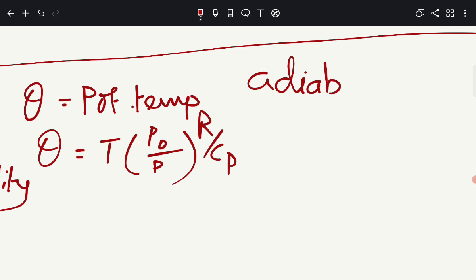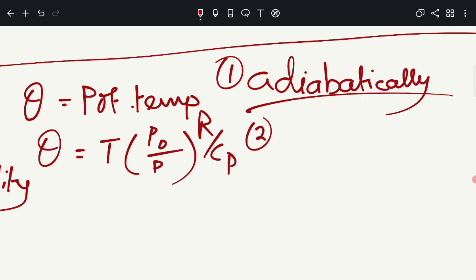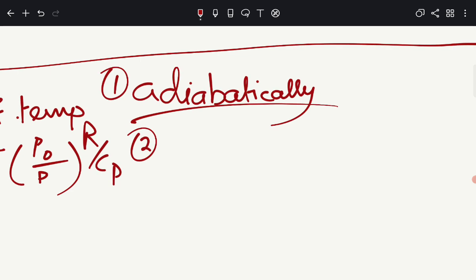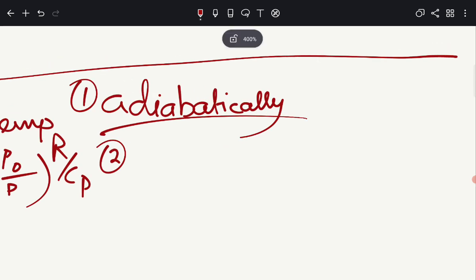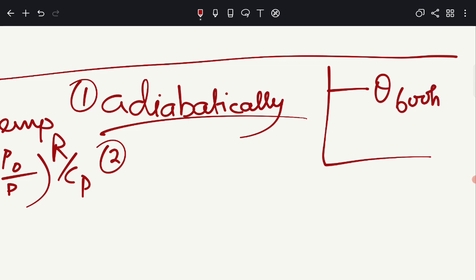The second point is adiabatically from one pressure level to a reference pressure level. So if we want to calculate the potential temperature at 600 hectopascal, we need an air parcel and we need to bring it down to a reference pressure level, that is 1000 hectopascal.